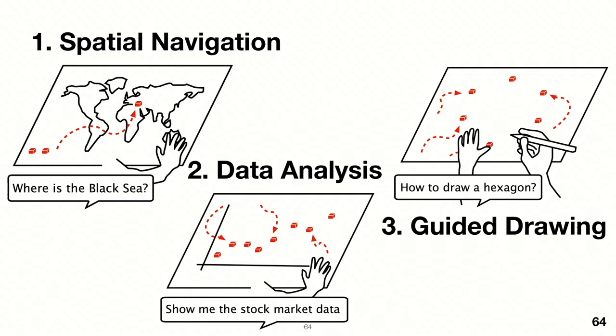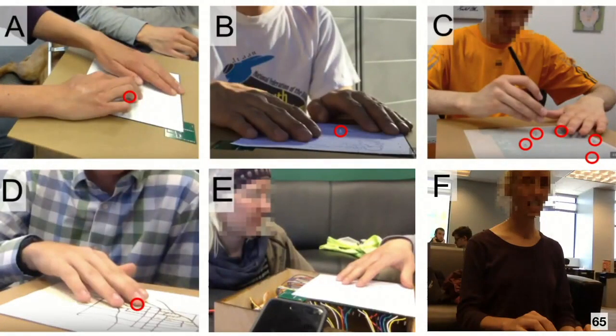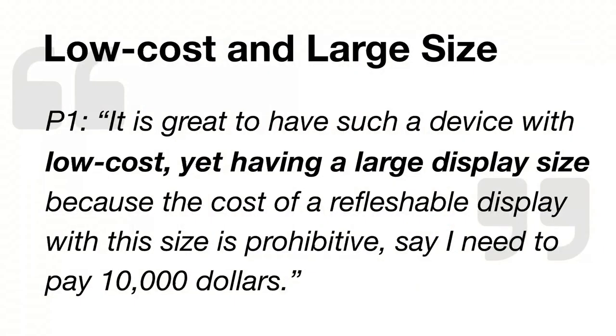There are also several different applications, like spatial navigation, data analysis, or guided drawing, and we did a user interview with 6 blind people to identify the potential benefits. They really appreciated the low cost and the large size of the display, because refreshable braille displays often are small, so they cannot embrace a larger display.